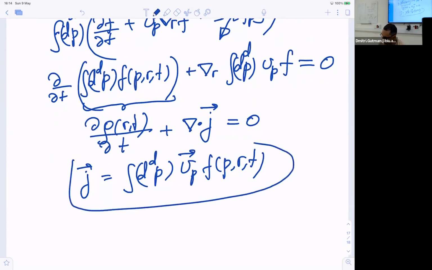So this is the familiar object that you know. This is what we used in the Boltzmann equation when we computed, say, electric current or particle current. And lo and behold, we got precisely this.